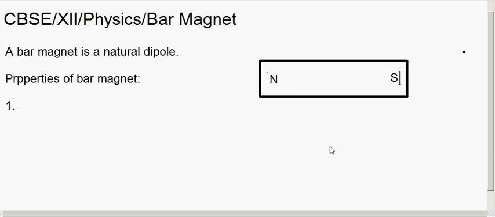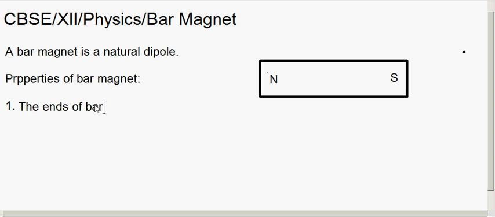Here, the ends of the magnet where the magnetic force is maximum are called the poles of the magnet. The two ends where the magnetic force is maximum are called the poles of the bar magnet.